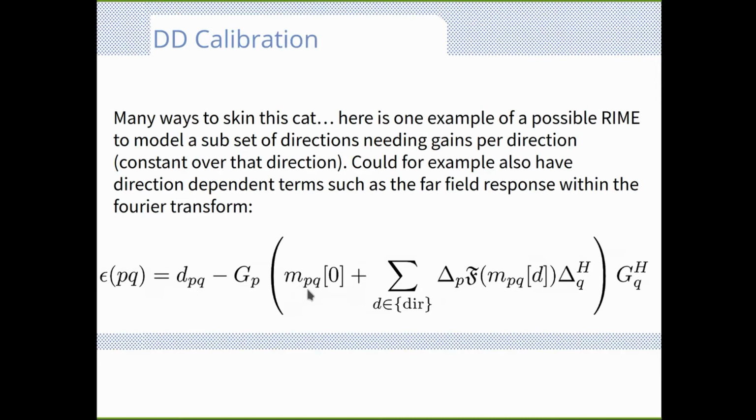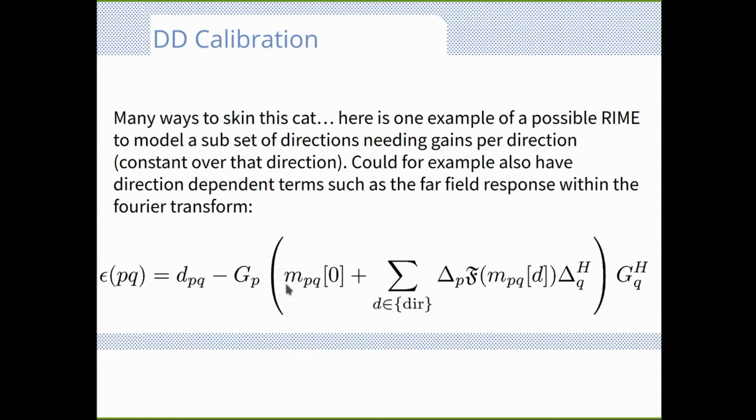So in this, CubiCal allows you to construct arbitrarily flexible error vectors. So just as we had before, where we had just a data vector minus a model vector modulated by some gains, right? You may recall this is just slightly more complicated than the one I showed in the lecture yesterday.